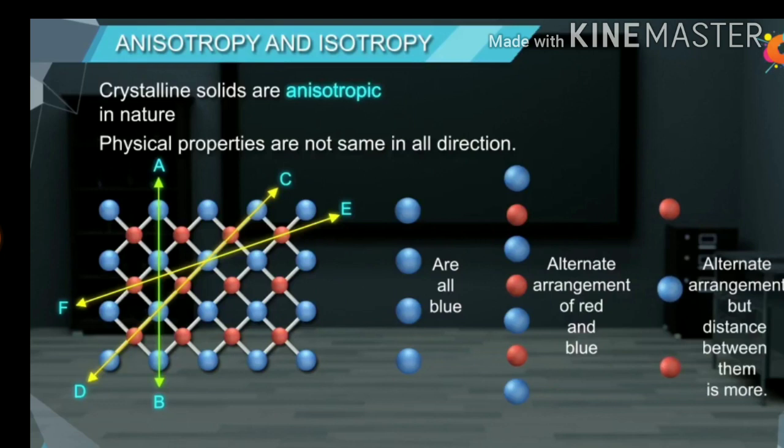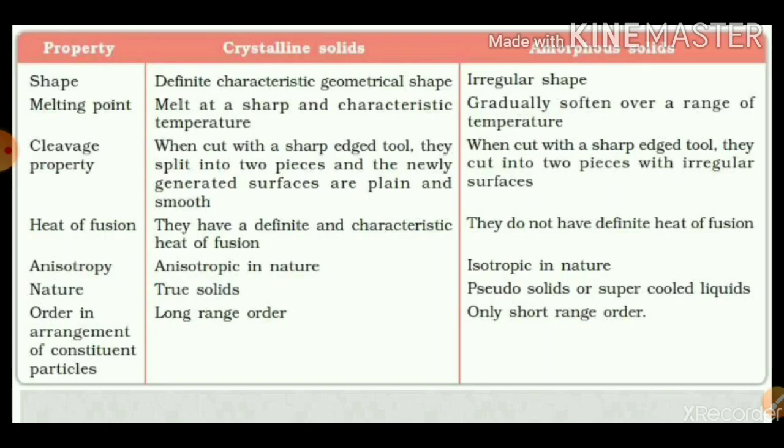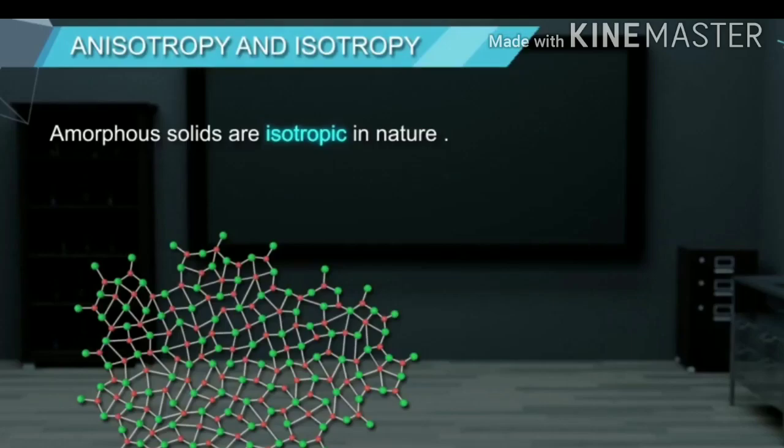That's why we say crystalline solids are anisotropic in nature. Whereas in case of amorphous solids, when we measure the value of different physical properties in different directions, we get almost the same value. That's why we say amorphous solids are isotropic in nature.